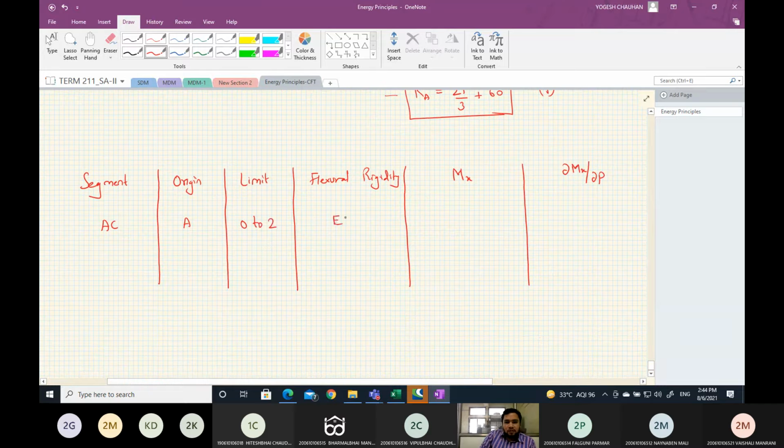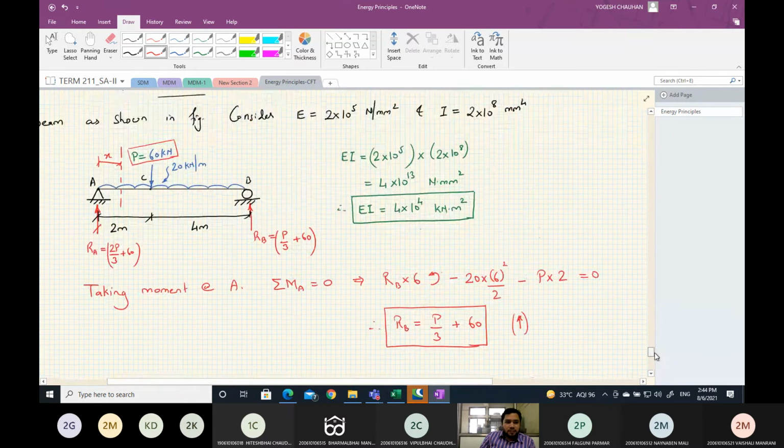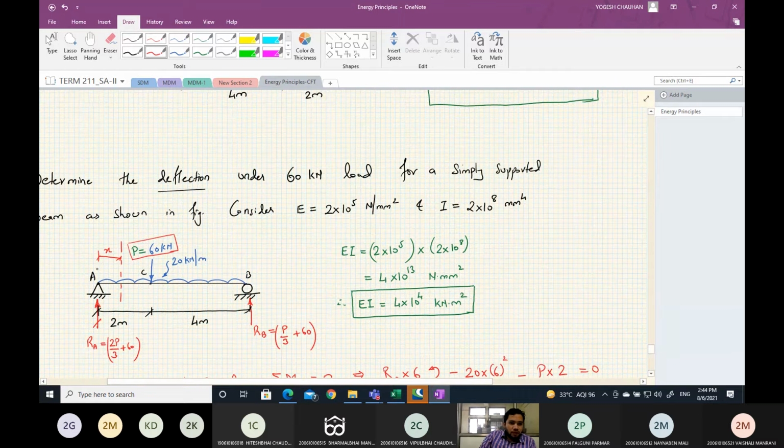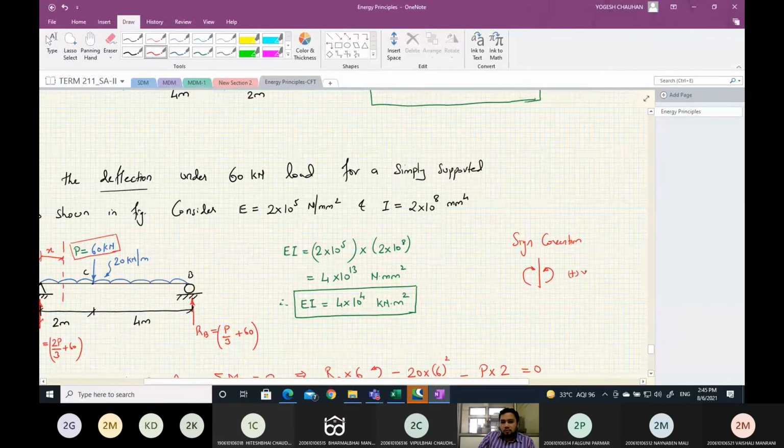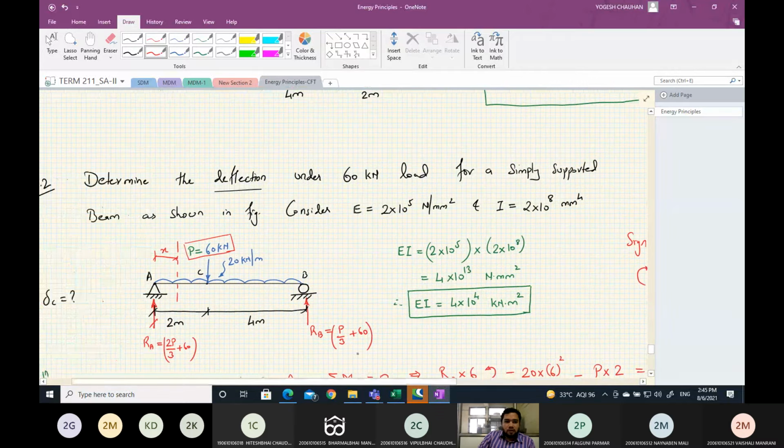Flexural rigidity is constant for the entire beam, it is EI. Now the moment at any section X will be equal to RA into X. Okay, the moment here will be RA into X, and as per our sign convention, sagging is positive. Now here we are moving from left to right, means we are on the left of the section.